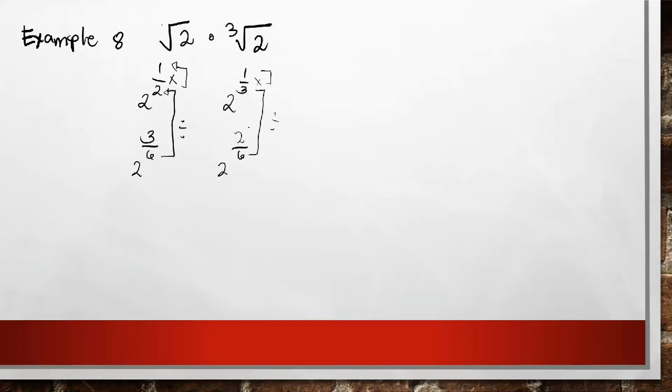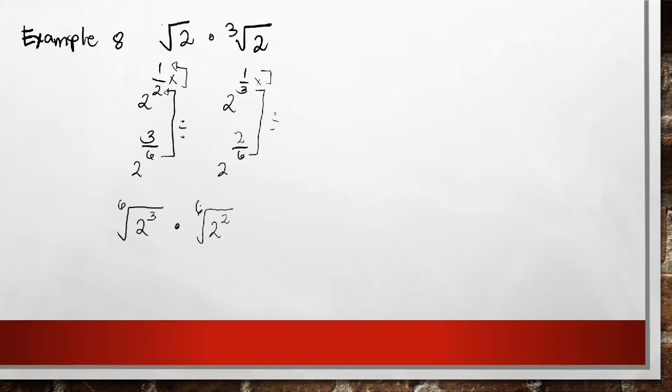Now, if they have the same denominator, then we can convert it again to radical form. So, let's convert it into radical form. Therefore, it becomes radicand 2, exponent 3, and our index is 6. Next, times radicand 2, exponent of 2, and our index of 6.